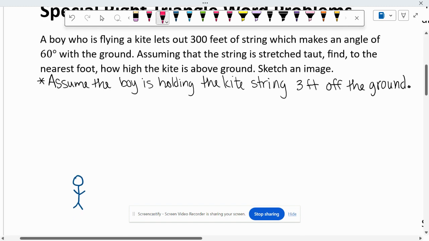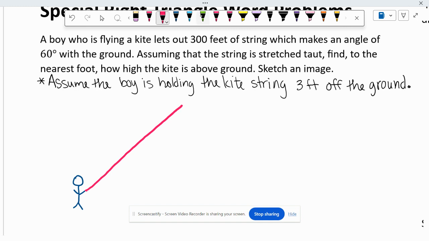So here's what I know. I know I've got this boy and he's got this kite string. And it says that the string is taut. And when the string is taut, it's 300 feet long. So here's his little kite, right? Kind of flying up there. So maybe it's got like a little tail on it. But the other thing that I know is that the boy is holding the kite string 3 feet off the ground.